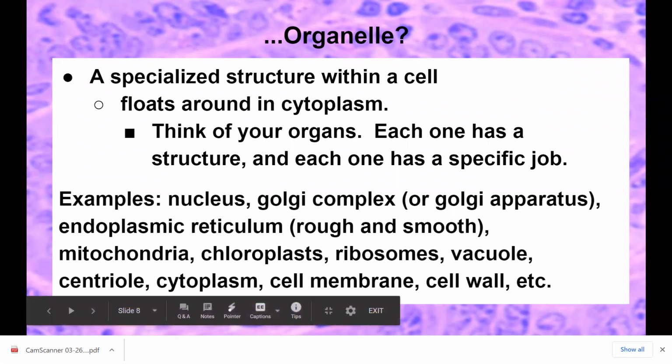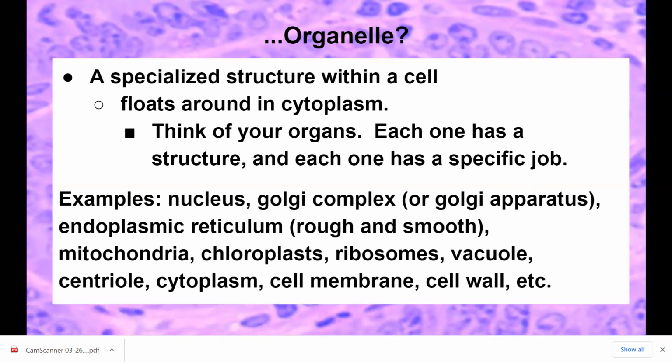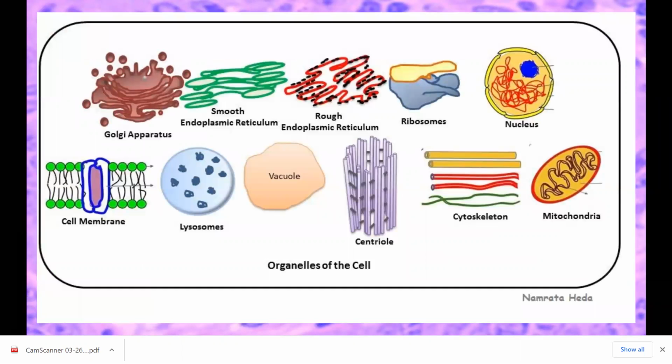I'm hopeful that you have at least heard of these before, because you should have studied them, and I think it was 6th grade at this point. You should have studied cell parts already. You should be at least somewhat familiar with this information. Here is a cartoon-like image of some of the different organelles: Golgi apparatus, smooth and rough endoplasmic reticulum, the ribosomes, the nucleus, etc., etc.